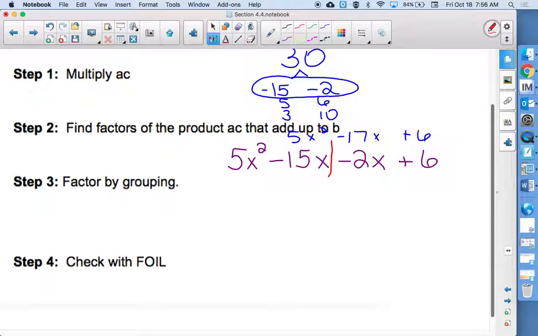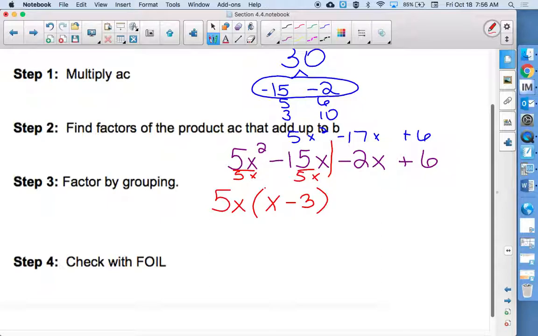So Emma, what would 5x squared minus 15x have in common? What could we take out there? A 5x. And when you take out a 5x, what do you have in parentheses? Taking out a 5x means dividing by 5x, so you have x minus 3. If I do the same thing with the second pair, we have negative 2x plus 6.